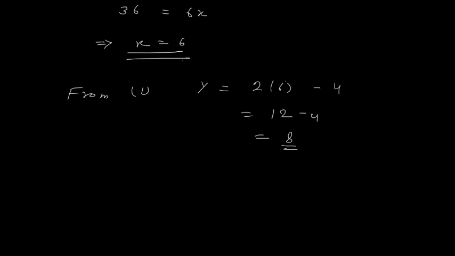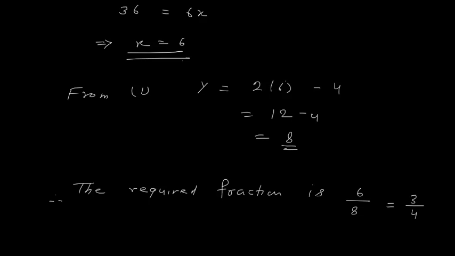So therefore the required fraction is x upon y, which is 6 upon 8, equal to 3 upon 4. We reduce it further. So the required fraction is 3 upon 4.